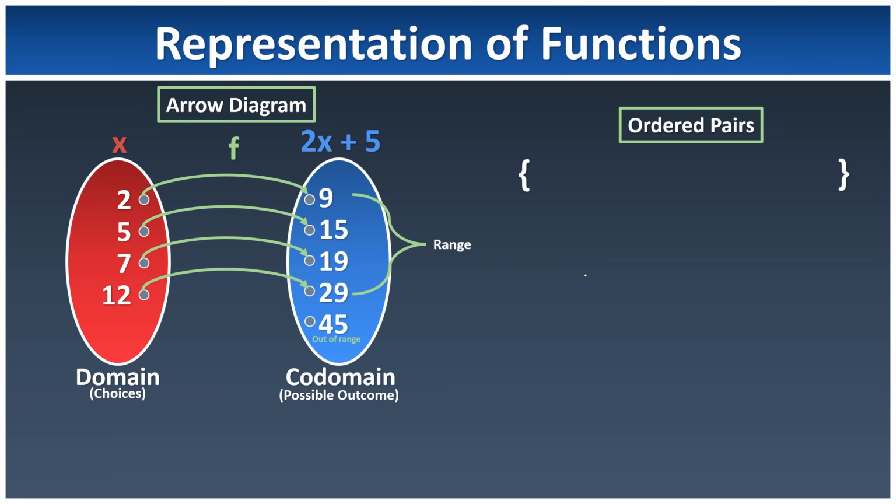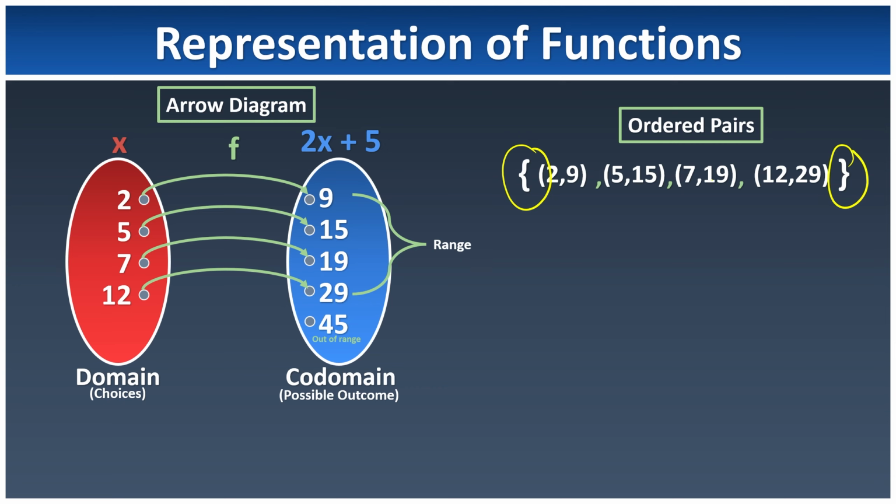So the first pair is (2, 9), the second pair is (5, 15), the third pair is (7, 19), and the fourth pair is (12, 29). It's just that easy, but don't forget to put it inside the braces to represent the set. The parentheses represent the couple, or the pair of the object and image.